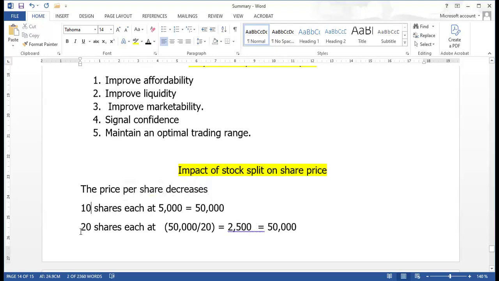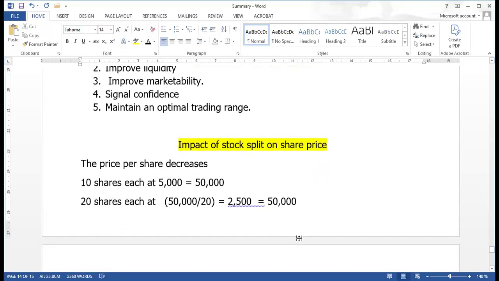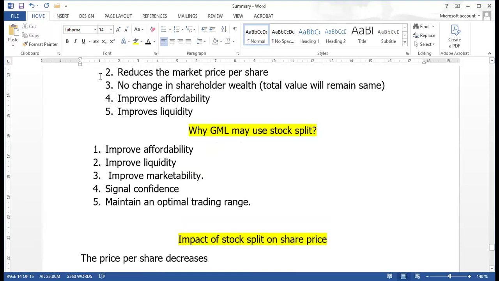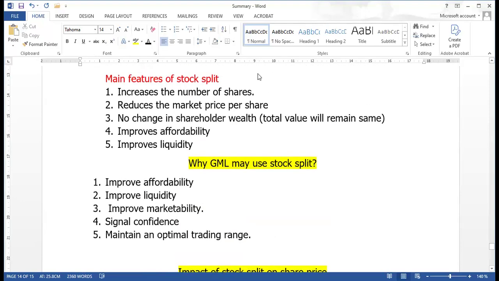So you see that by doing the stock split, the price of each share will reduce. So that is the impact. But once the price reduces, these are the benefits you're getting: affordability, liquidity, marketability, the confidence.